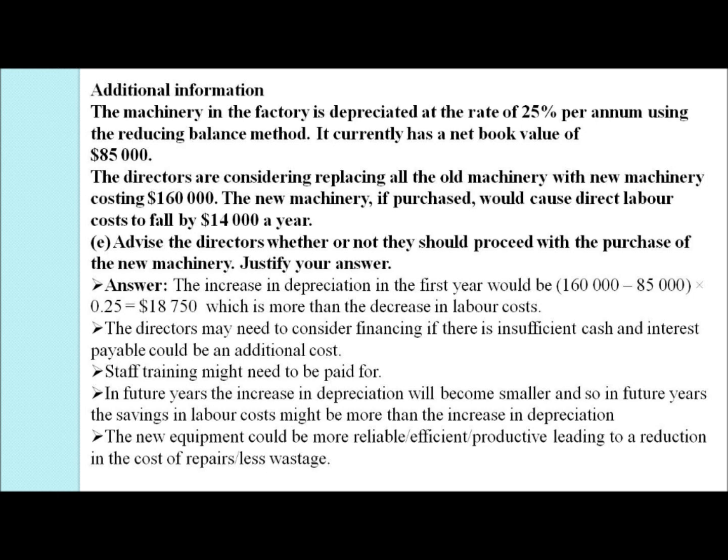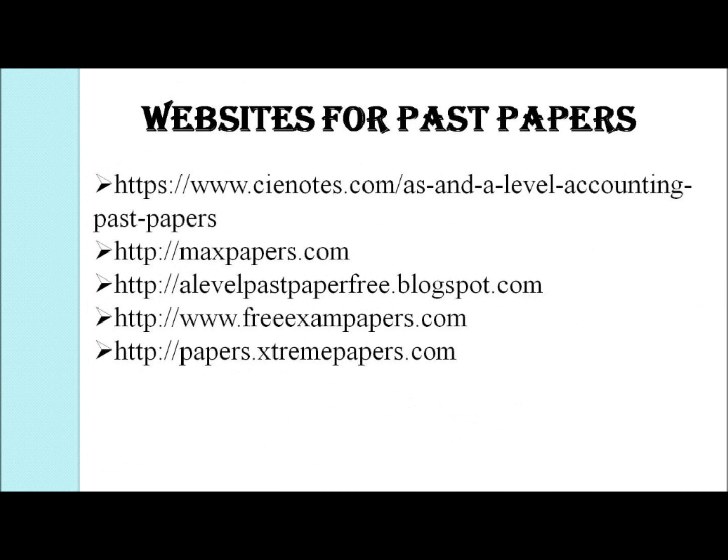Furthermore, as the equipment is new, it will be more reliable and require very few repairs and maintenance costs, and it will also lead to reduction in wastage. Thus, with this, we can conclude the answer.